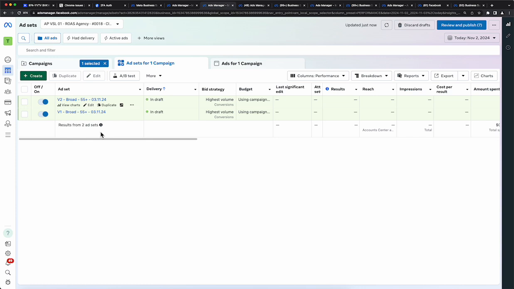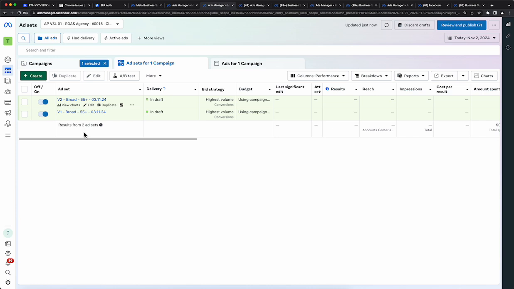I'm not recreating the wheel here. I'm seeing what other people who know what they're doing are doing. How are you running your ads? How are you setting up your ads? What's the structure? What type of budgets are you playing with? How many ads are you testing at a time? And then I'm just taking that and adapting it to what I think might work.